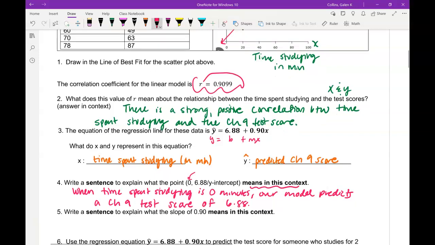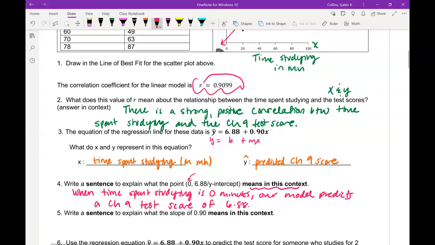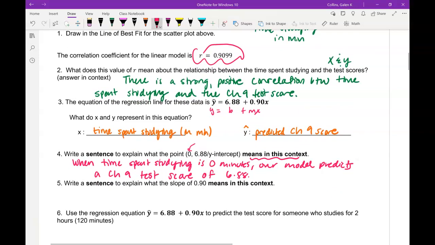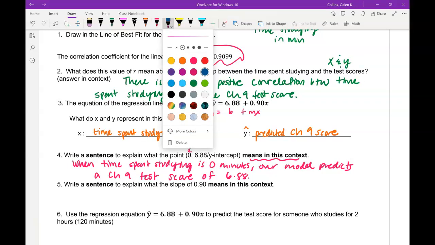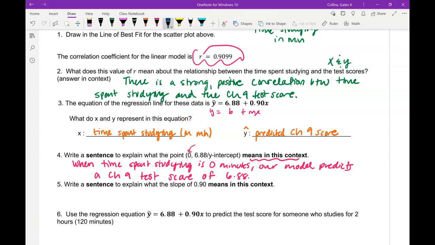And then in question 5, we're asked to write a sentence to explain what the slope means in context. So remember, we wrote in our takeaways that we could think of slope as a unit rate. As x increases by 1, the slope is how y changes.